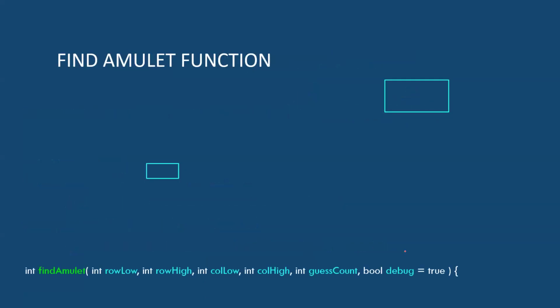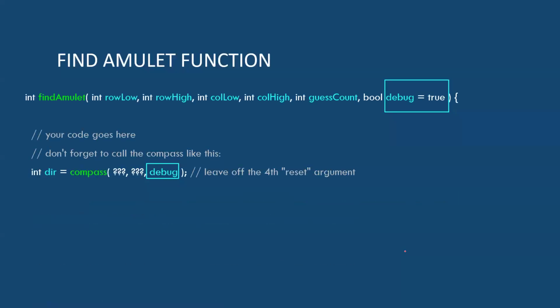Okay. So here's our find amulet function. Sorry, I got some animation out of whack here. So you're going to say, hey, somebody told me where I'm starting, row high, right? And I'm going to figure out my midpoint. I'm going to pass that midpoint into my compass.